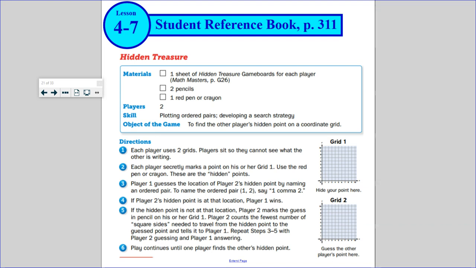Here they have the paper way, the old-fashioned sheet of paper Hidden Treasure game board, which just happens to have some grids on it, 2 pencils, a red pen, or a crayon. What I'm going to do today is I'm going to show you the online version because obviously that's how you will be playing it.